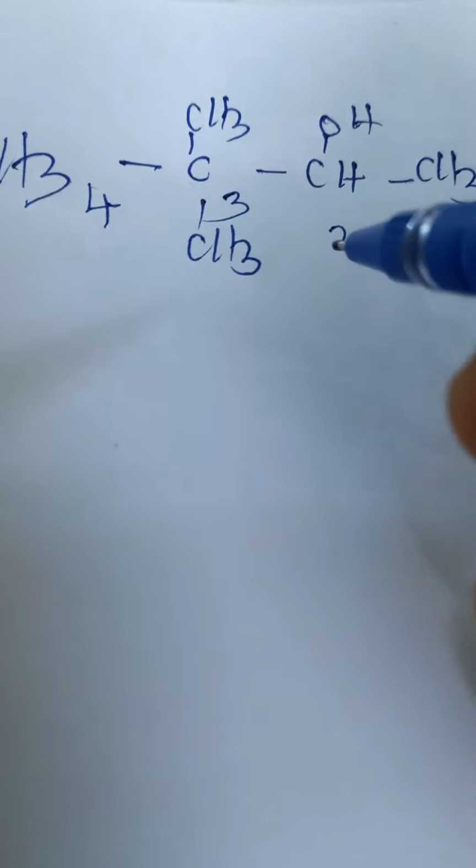Now taking one example, see, this is the first carbon, second carbon, third carbon, fourth carbon. On the third carbon, 2 methyl groups are there. On the second carbon, 1 OH is there.